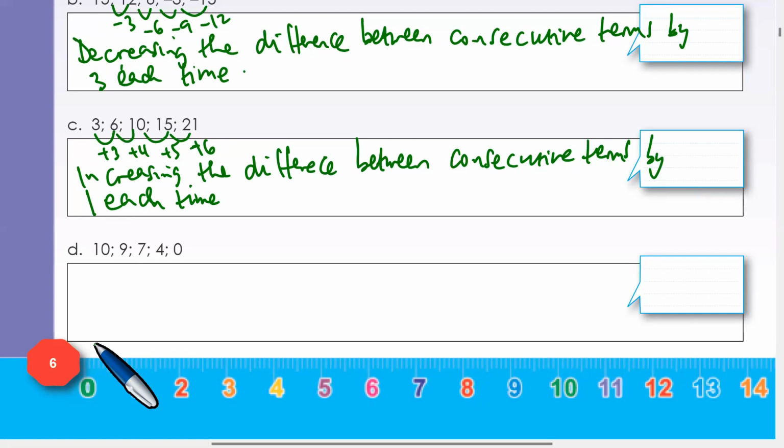By what each time? By 2. Decreasing by? 2. Here is -1. Here is -2. Here is -3. And here it's -4. So decreasing.